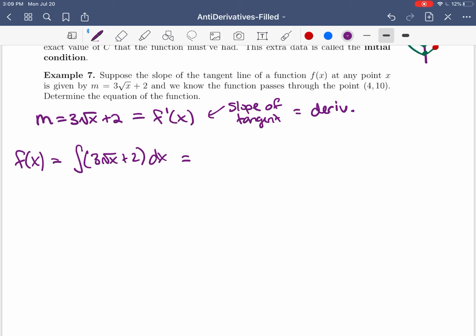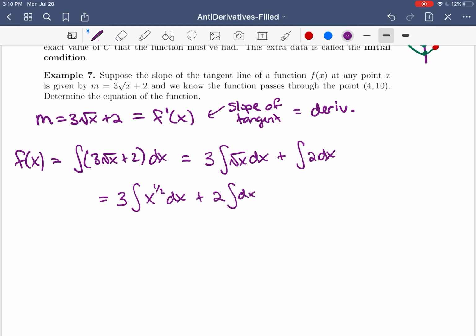Now the sum rule and the constant multiple rule says that I could rewrite this as the integral of 3 root x dx plus the integral of 2 dx. Now I might want to rewrite root x as x to the 1/2, so it looks like a power of x.